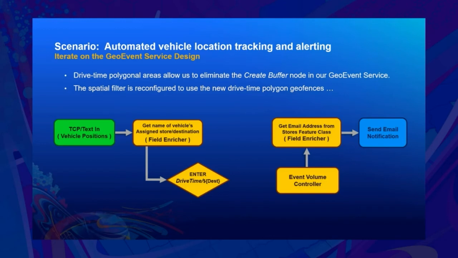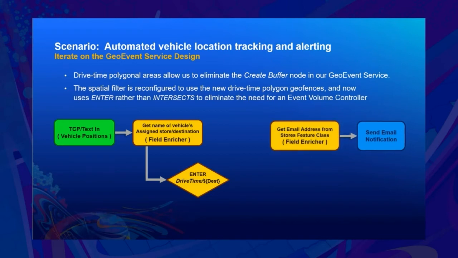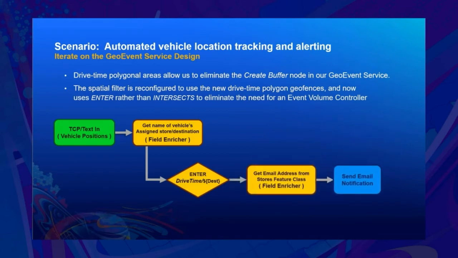This makes the spatial filtering as specific as possible and avoids false alerting if a truck happens to drive past a store it will not be stopping at. Also, now that we are comparing a truck's location point to an approximate drive time area, we can configure the filter to evaluate an enter condition rather than using intersects, which eliminates the need for the event volume controller.